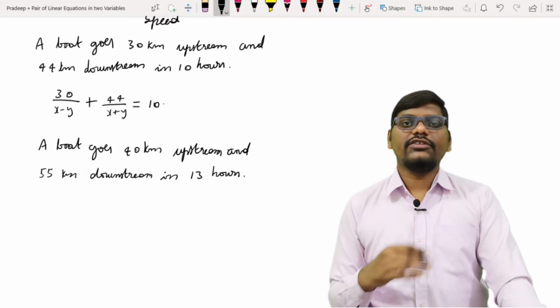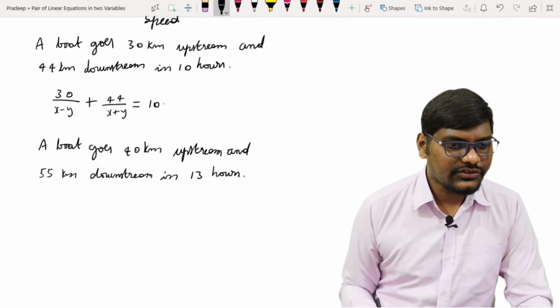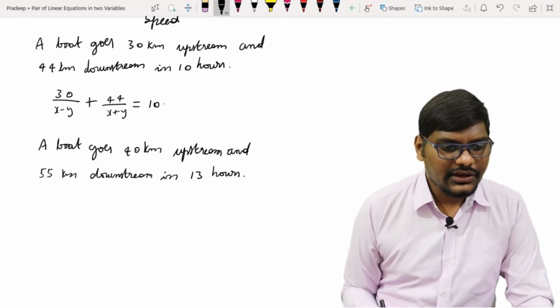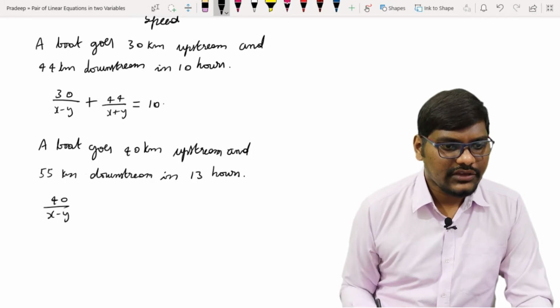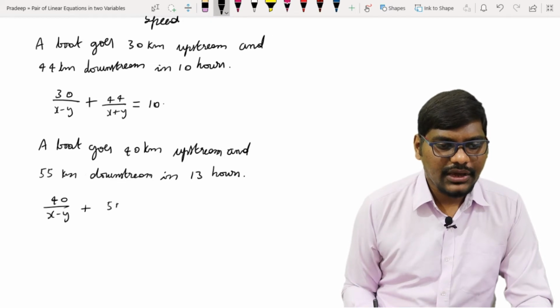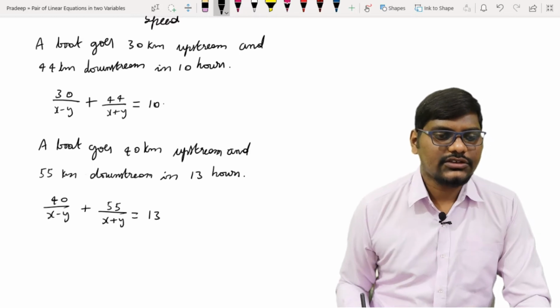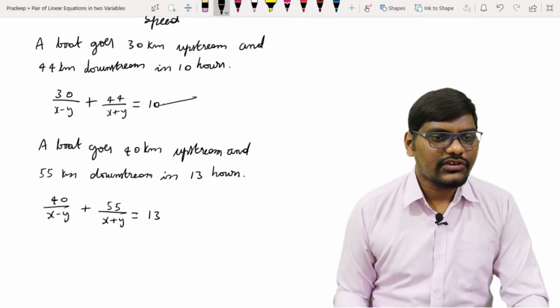As per this given information, we can frame it again as above. I can write 40 by x minus y for upstream, and the next one for downstream is 55 by x plus y, and this is equal to 13 hours. So these are the two equations which are formed.